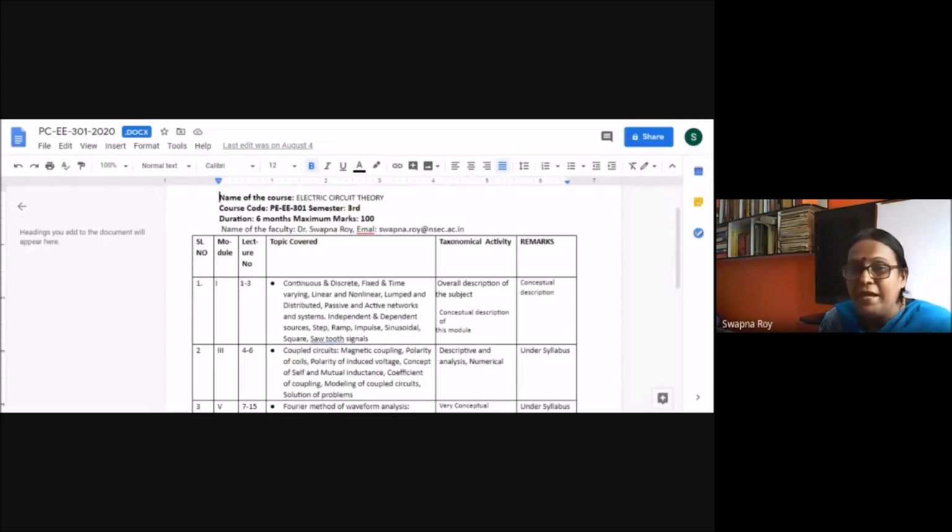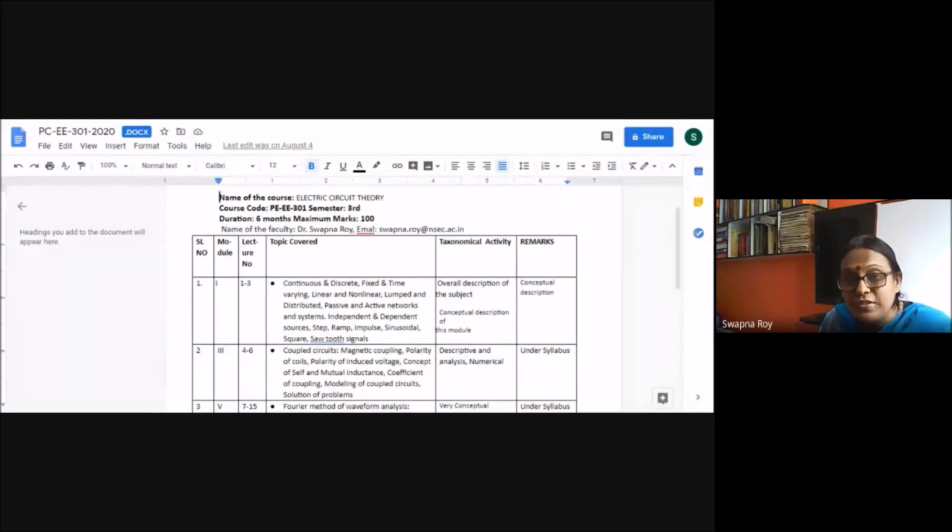If the behavior and characteristics of the signal change from time to time, then it's a time varying signal. Linear and non-linear means it must follow the superposition theorem, the properties of the superposition theorem, that is additivity and homogeneity.